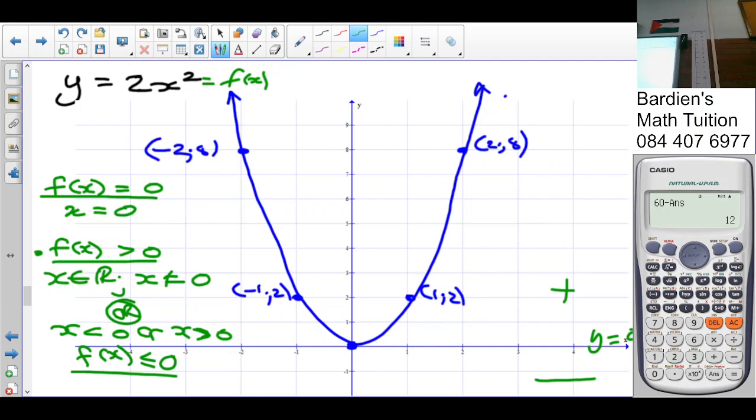There's no part of this graph that has a negative y value. But remember there's an equal sign as well. Is there any part of the graph where f of x is equal to 0? Yes. Where? At 0. So the only part here is x is equal to 0.